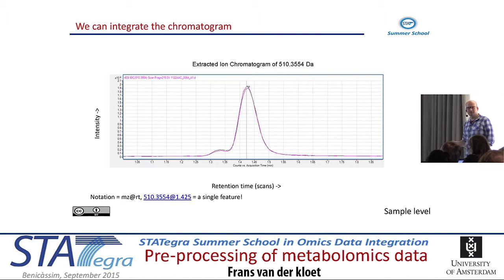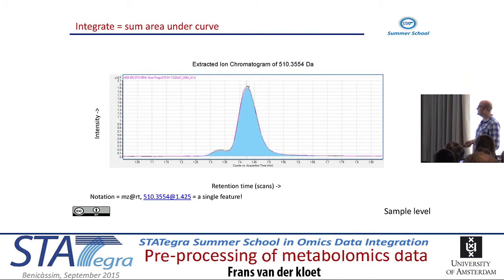If I have this chromatogram, I can try to integrate it. If we look at this peak, it would seem trivial enough, because this is one peak, and if I integrate the area below it, it would give me my relative concentration, or some kind of indicative amount for the compound in this sample.